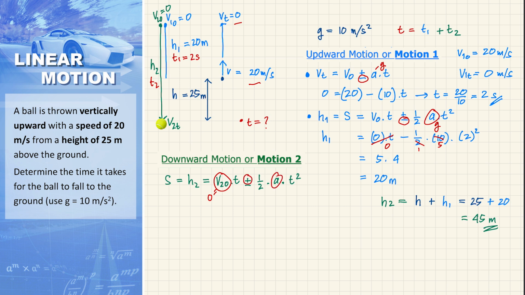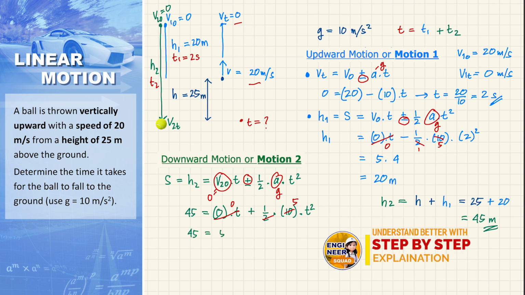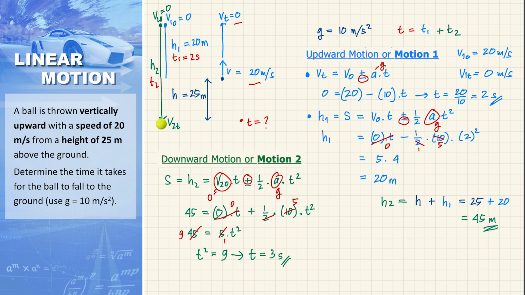We replace a with g. We replace h2 with 45 meters, and substitute the values of v20 and g. We calculate. We get 45 equals 5t square. We simplify. Thus, we get t equals 3 seconds.